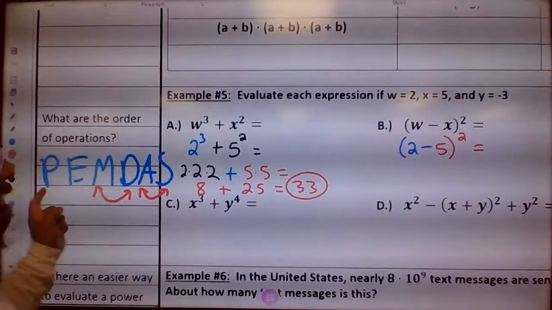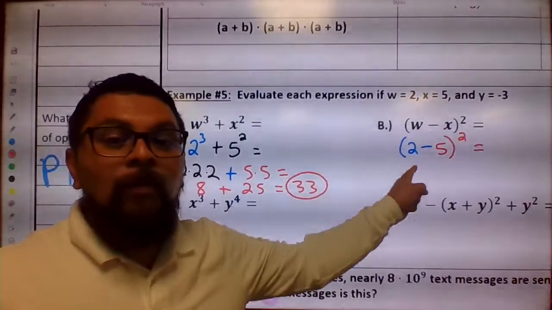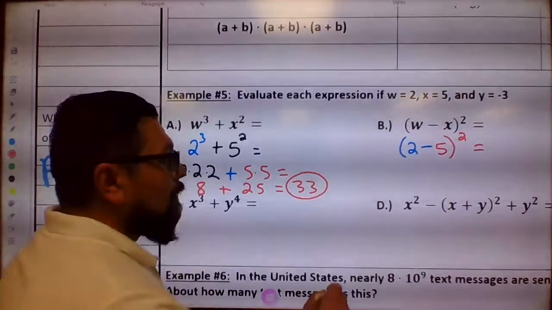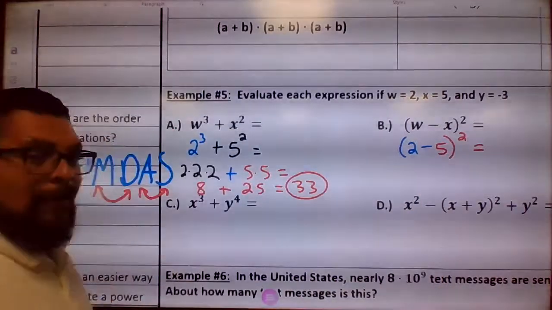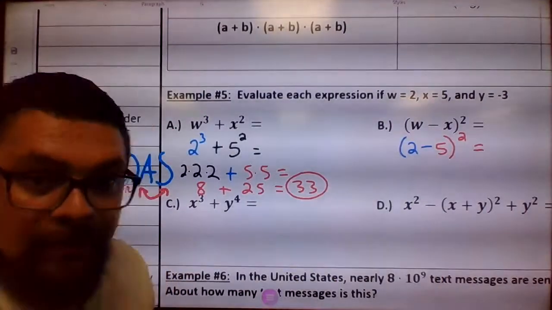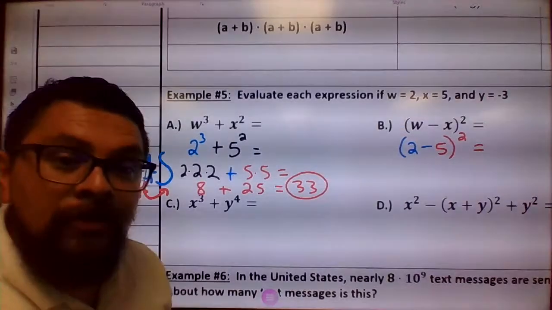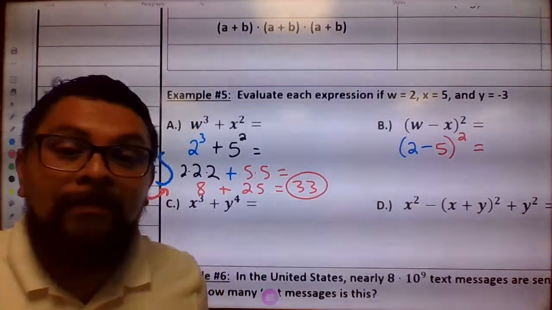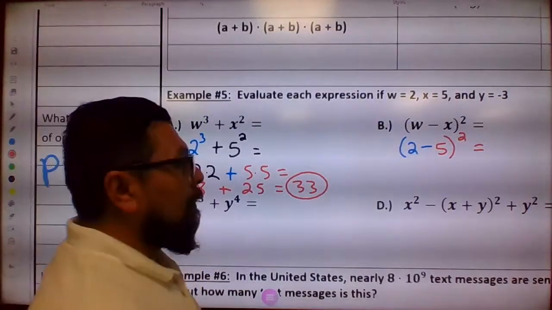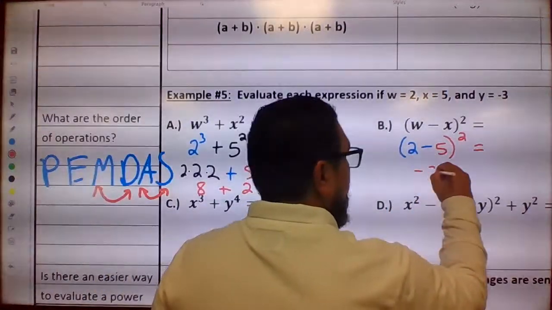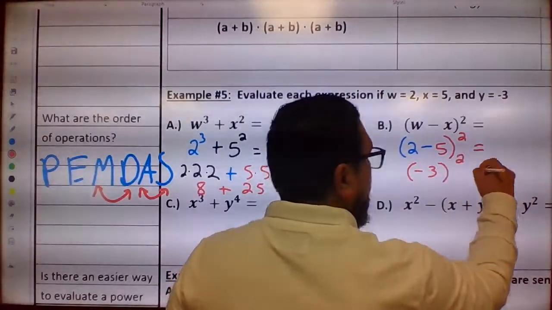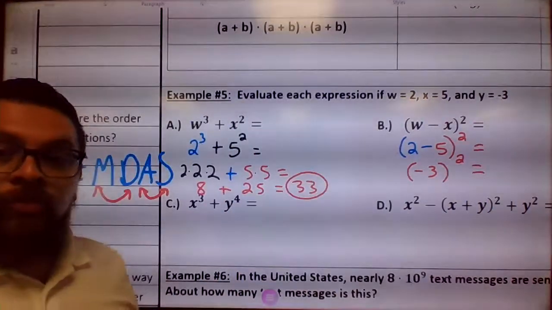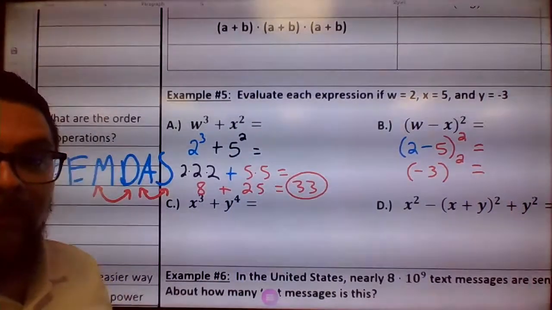Is there parentheses? Yes. So let's solve what's in the parentheses first. So 2 minus 5. If you remember your order of operations, your integers, 2 minus 5 is negative 3, squared.